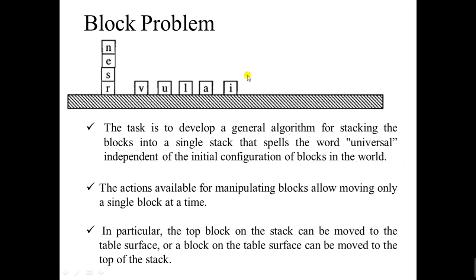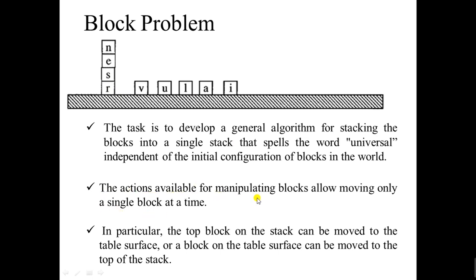Some blocks are located on the table, and some of them are arranged in a stack. By modifying this configuration, we need to get the word universal. Here U, N, I, V, E, R, S, A, L are available. But it depends upon how we arrange the blocks. This is called the block problem, right?